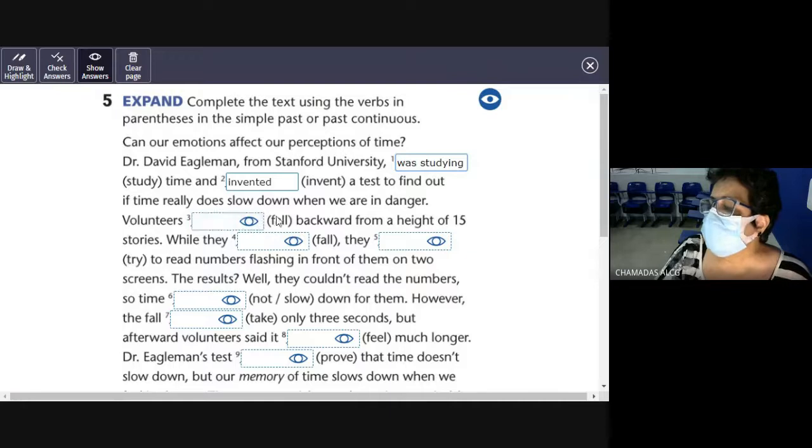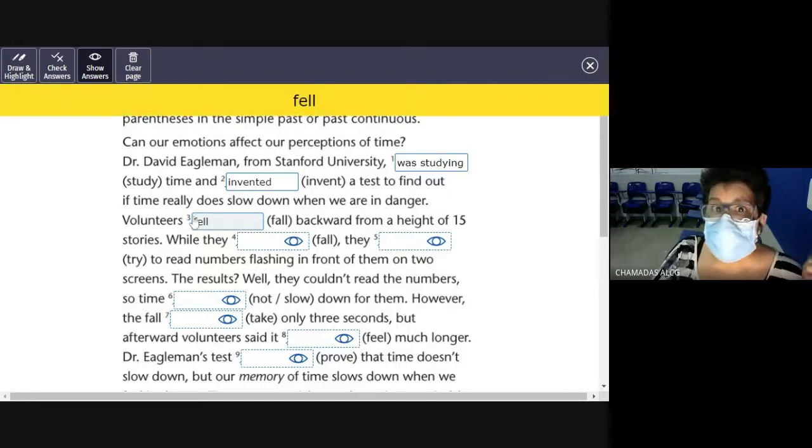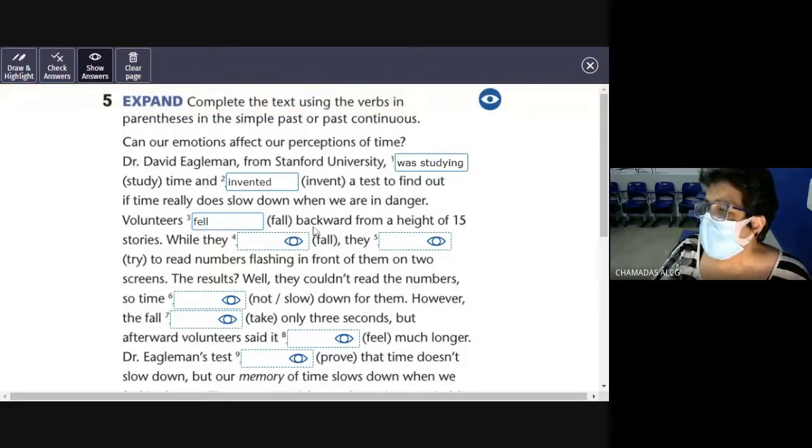So let's see. Number 3. Volunteers fell in the simple past backward from a height of 15 stories. Do you understand the idea here? 15 stories.